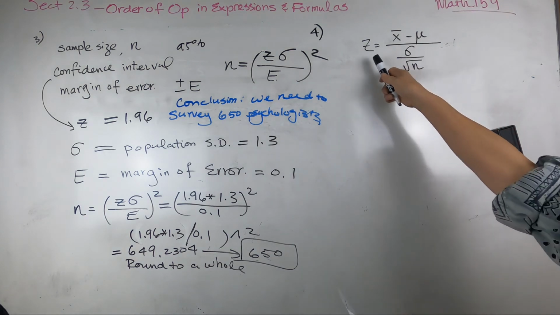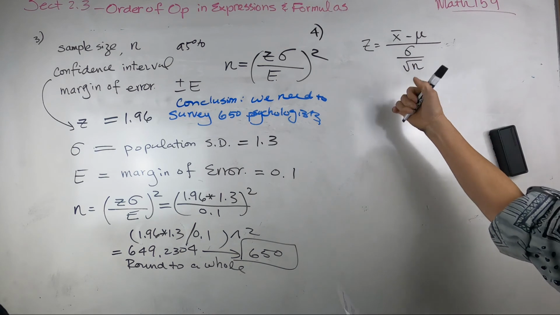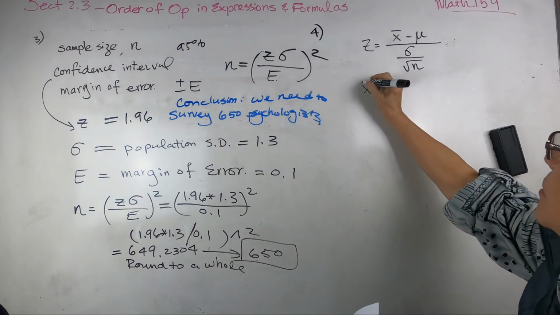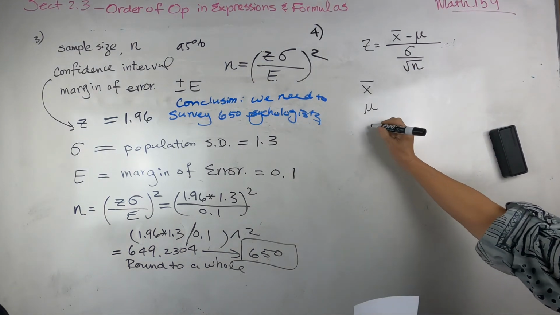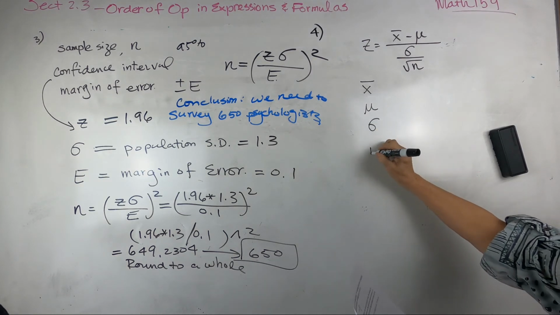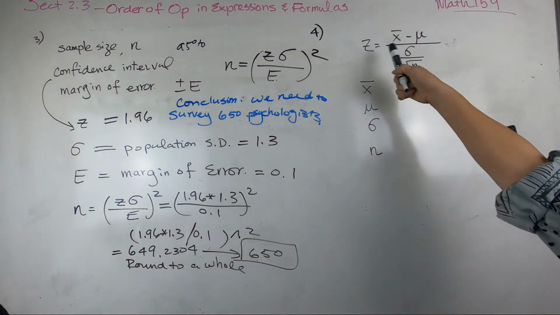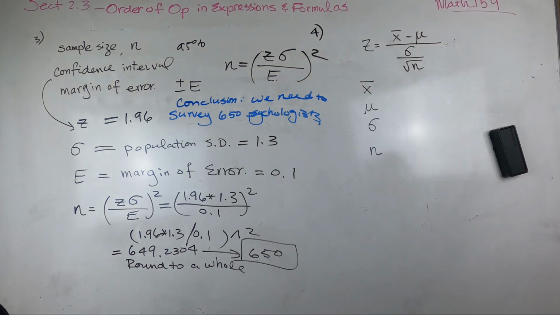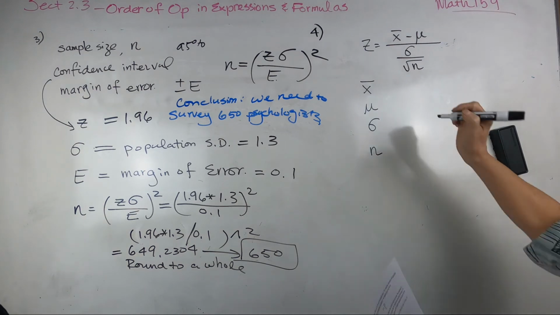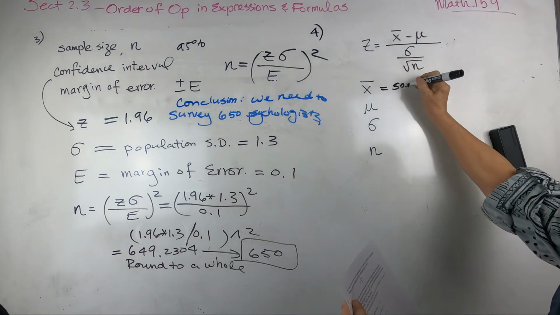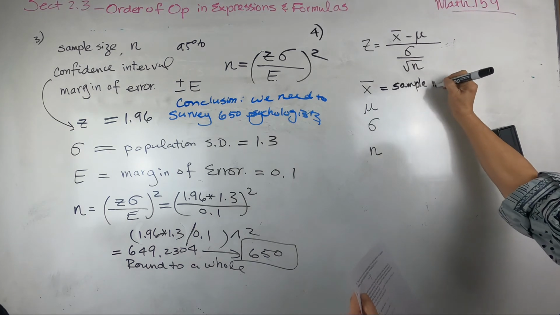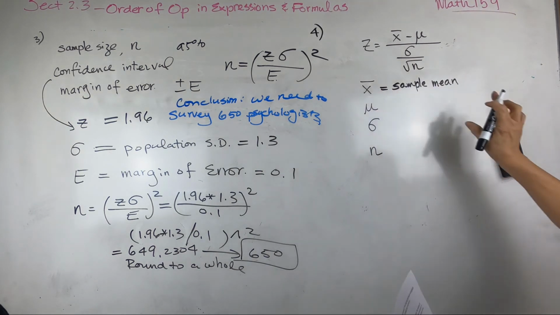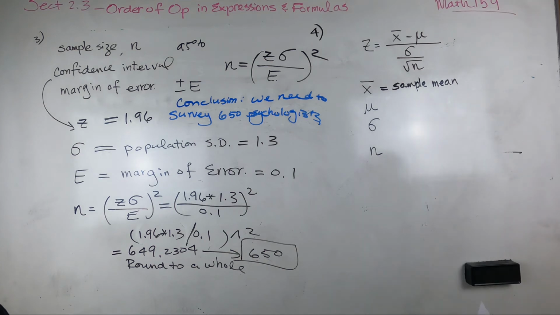So if we want to calculate z, we need to have what? We need x bar, we need mu, we need sigma, and we need n. Then you follow through and see what they mean. So let's start over again. The z-score for a given sample mean x bar. You will know later that x bar is always used for the sample mean.